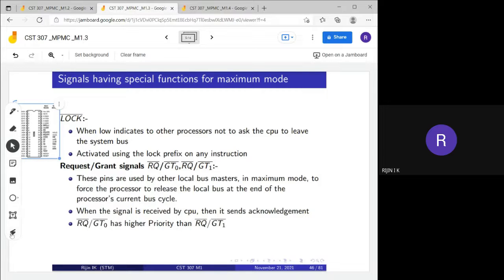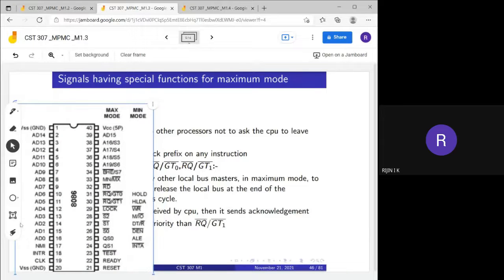Then next one is the request or grant signal. Actually, these are pins, request or grant signals. You can see here pin number 30 and 31.